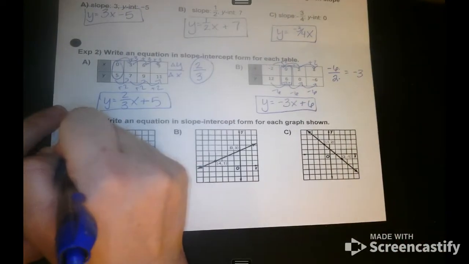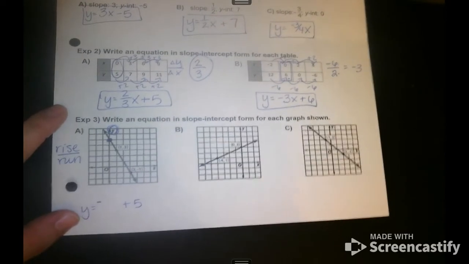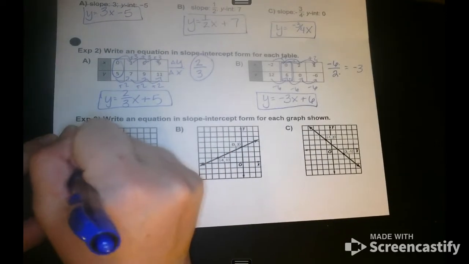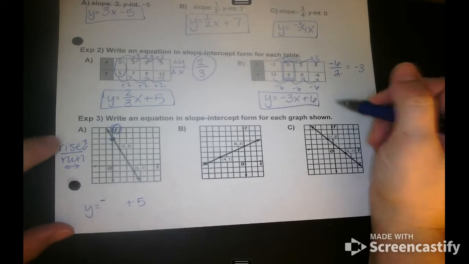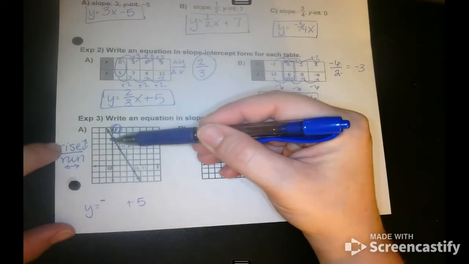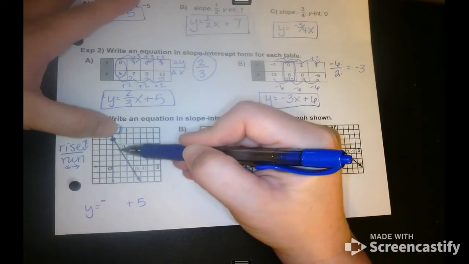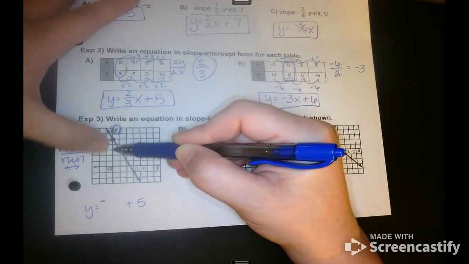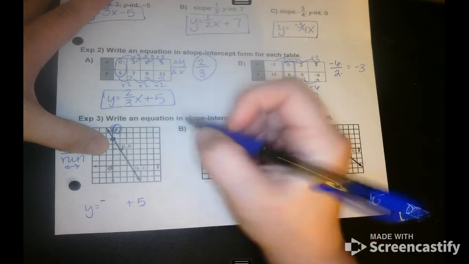Remember, rise over run is my slope. Rise can go up or down. Run can go left or right. If it's negative and going down, I'm going to go down. I'm trying to figure out how much rise and run I have until I hit my line. If I go down 1, 2, and over 1, did I land on the line?